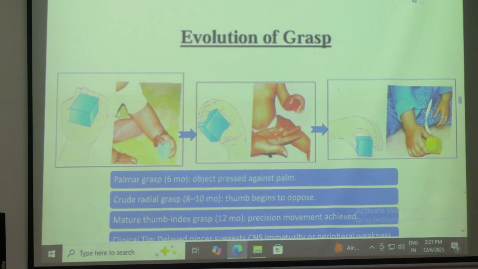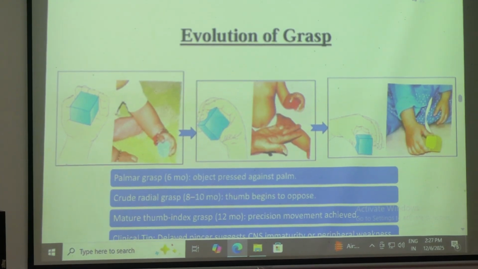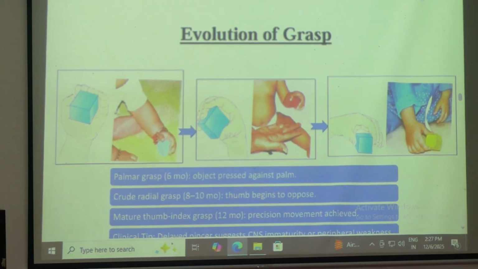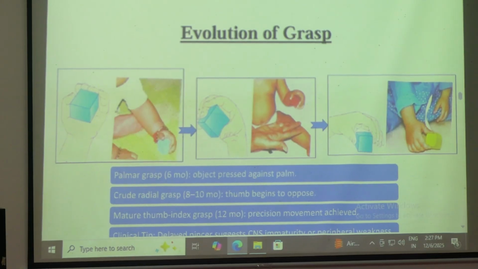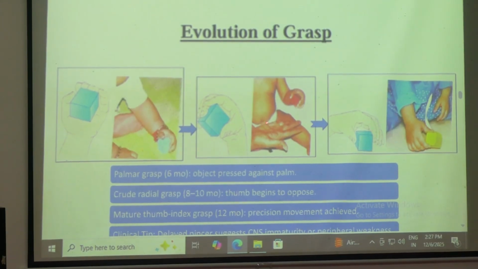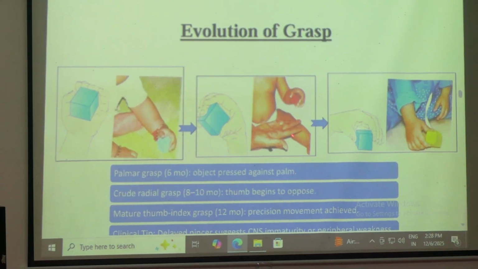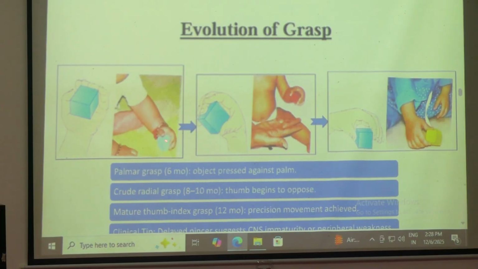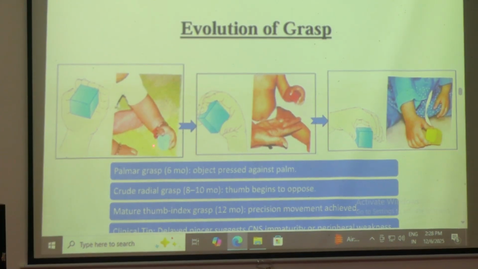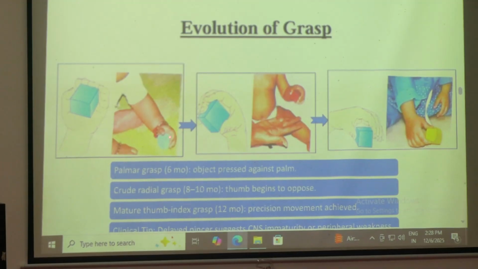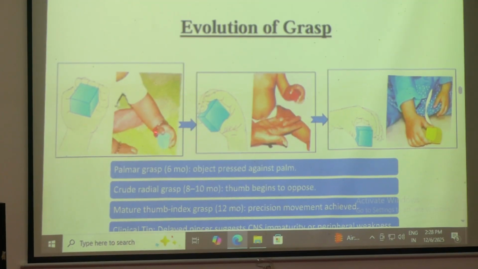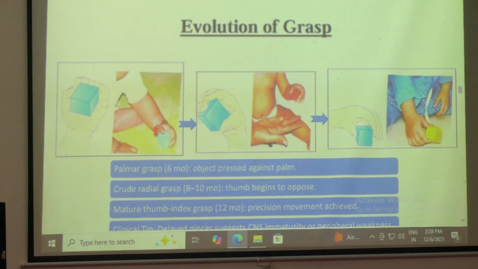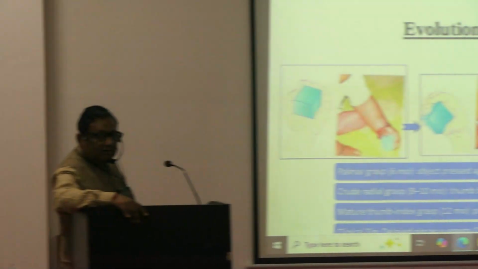And this one is radial. So he is holding the object towards the ulnar side. His radial side is free. Isn't it? That is called palmar grasp.